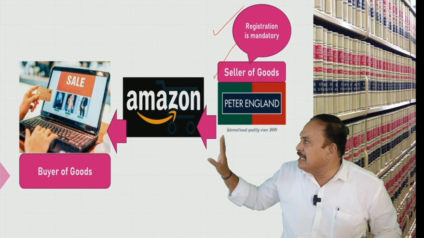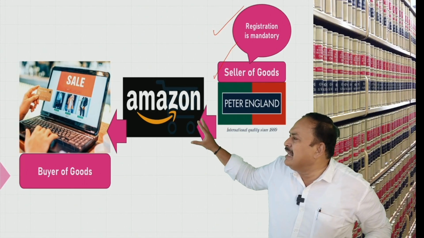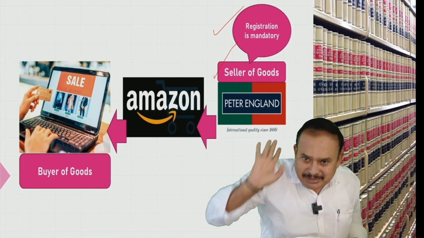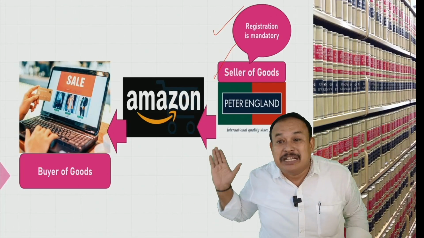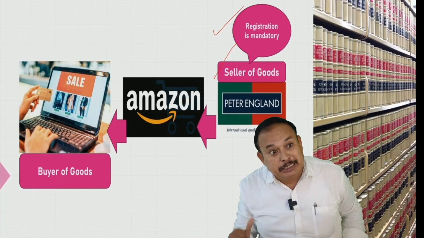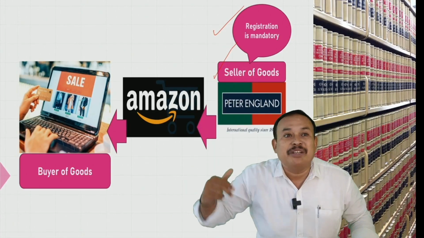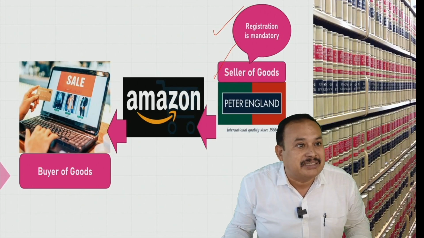See, on the same screen, instead of Peter England as seller of the goods, if Peter England is only a supplier of service, supplying through an e-commerce operator, then for Peter England registration is not mandatory unless he crosses the limit of 20 lakhs or 10 lakhs, as the case may be.